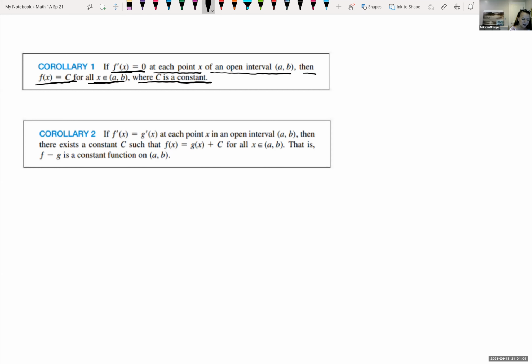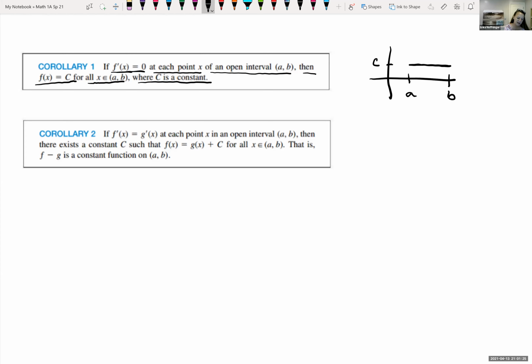So basically, all you have is a horizontal line. If we found that the derivative was 0 anywhere between AB, this has to be a horizontal line, and that horizontal line just happens to be C. Okay, so that makes sense.